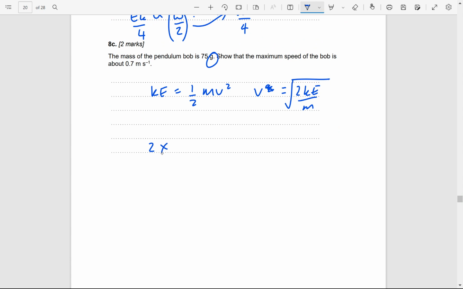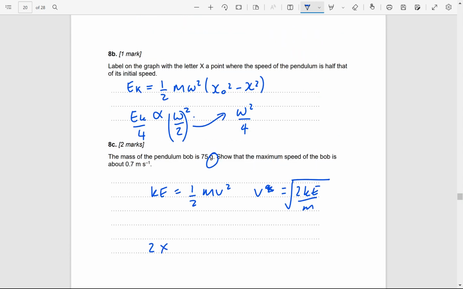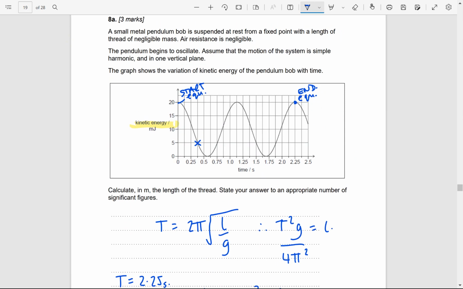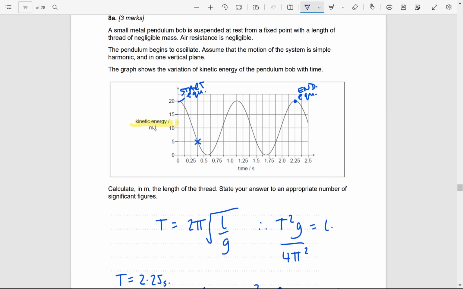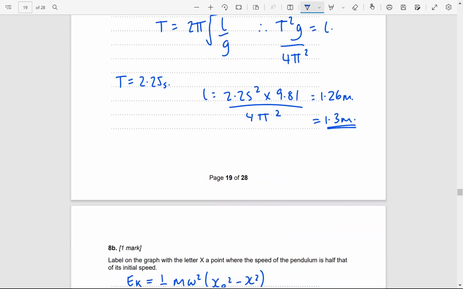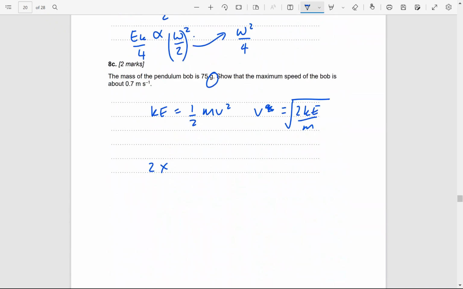Maximum speed is going to be where the kinetic energy is maximum. So we've got 20 millijoules. Be careful.